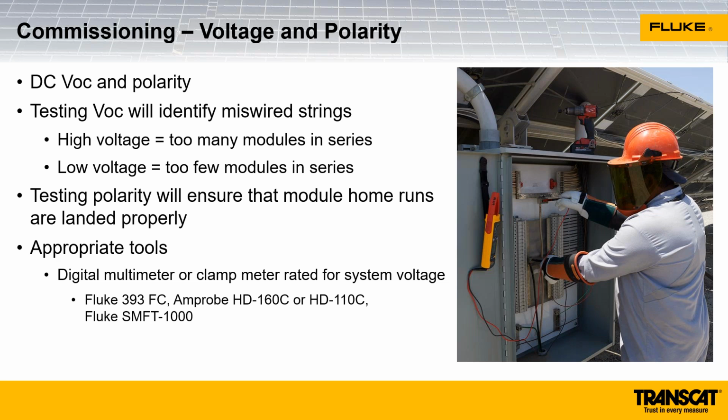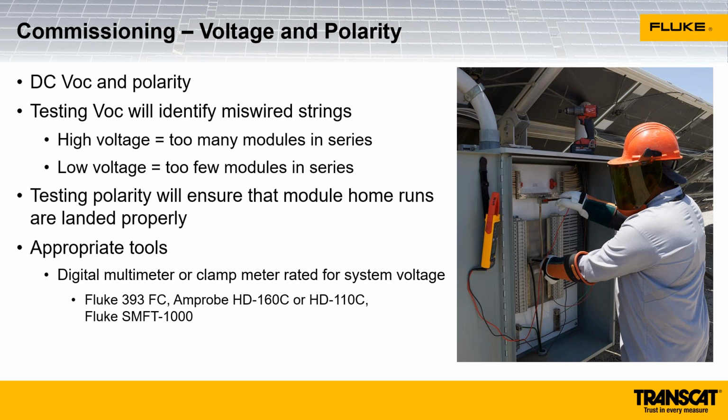And one thing I did want to point out with the 393 clamp meter, it has a reverse polarity indicator on it. So it doesn't just give you the negative in front of the number, which is sometimes hard to see, especially when you're doing a repetitive task and it's out in the bright sunlight, you might miss that little minus.